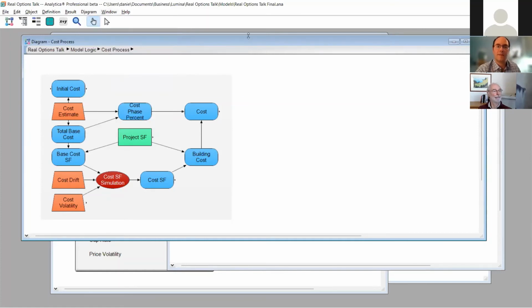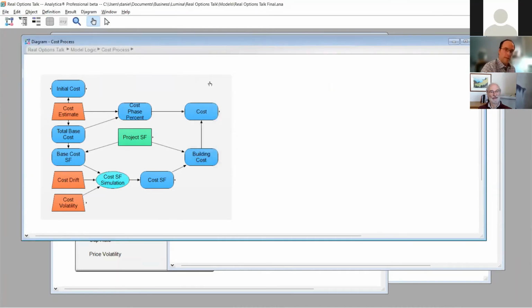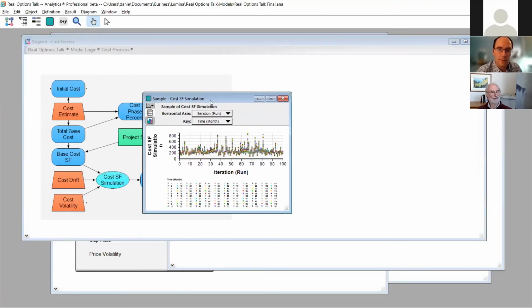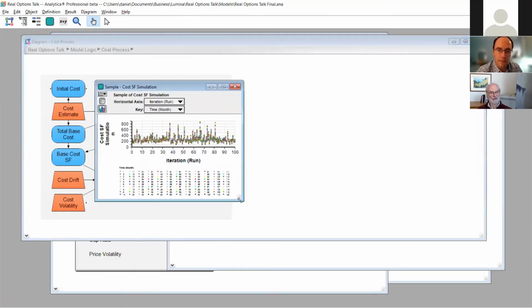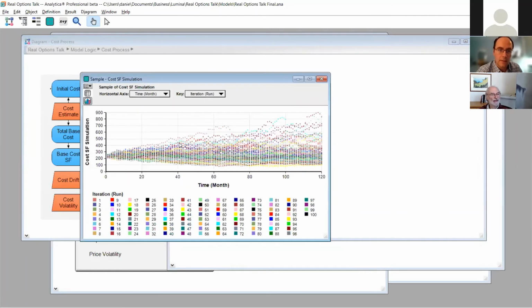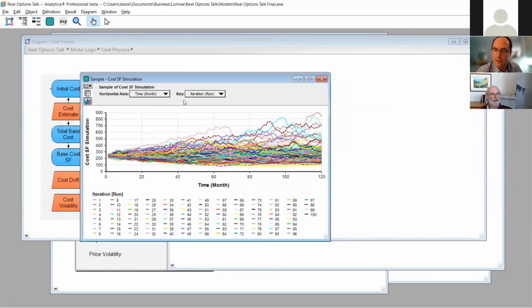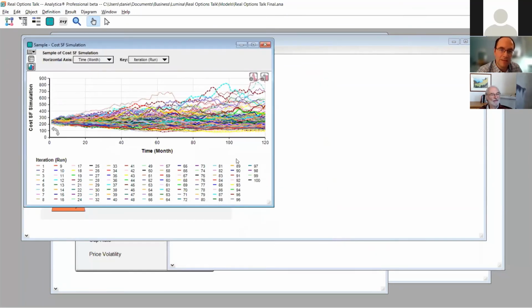So this is how we would simulate costs over time.